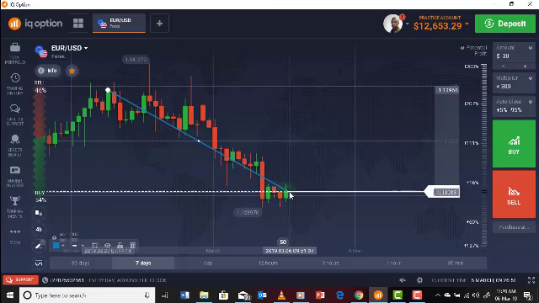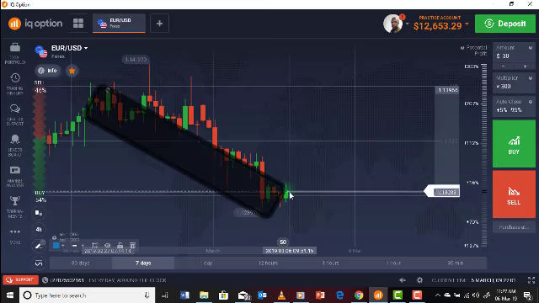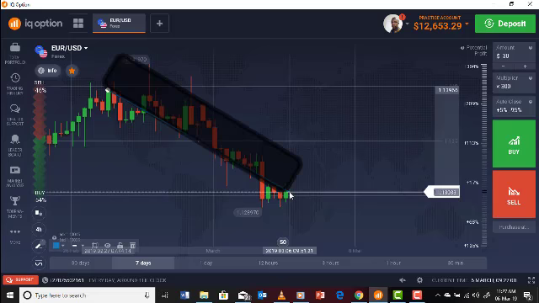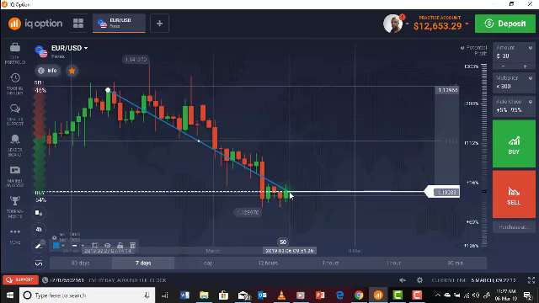I don't really know what that is, because where will I put my support line when it's like that? Should this be my resistance? And if this is my support, where will I put my resistance? Because you can see most of these candles are outside of the trend line.